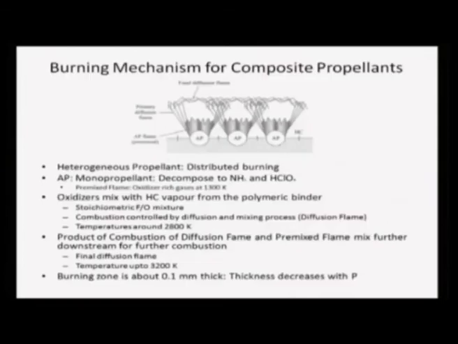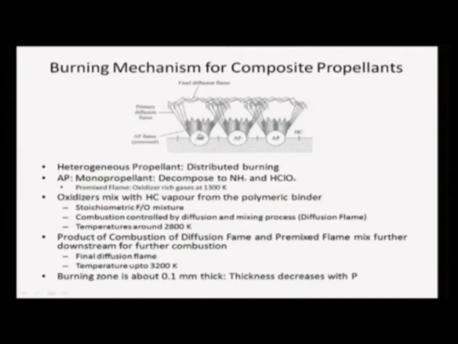Next, let us look at the composite propellants. The burning mechanism first for the composite propellants is a little more complex. Here you can see a schematic representation of the burning of a composite propellant. AC is the hydrocarbon, so this is the main fuel, it can be a double base fuel and all. AP is the ammonium perchlorate, which is embedded in it.